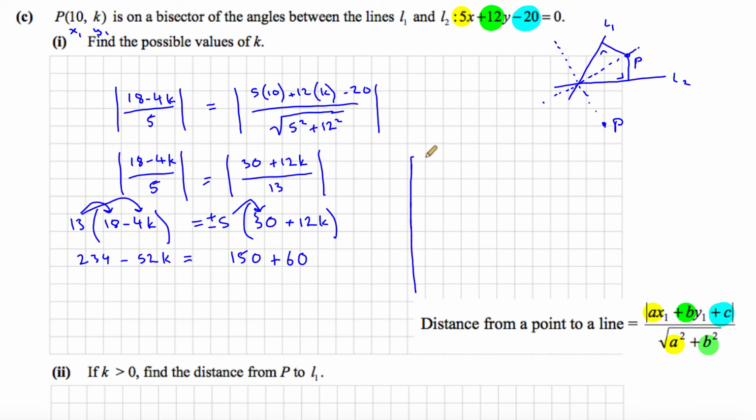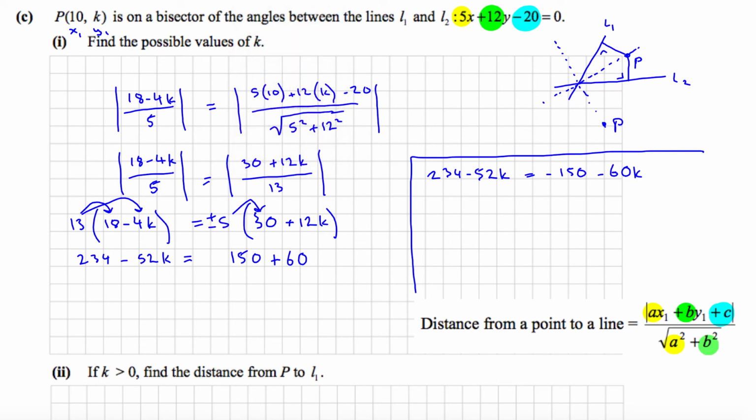I'll do the other one over here after, which would be 234 minus 52k is equal to negative 5 times this. So that would be minus 150 minus 60k. So there's our two situations there.